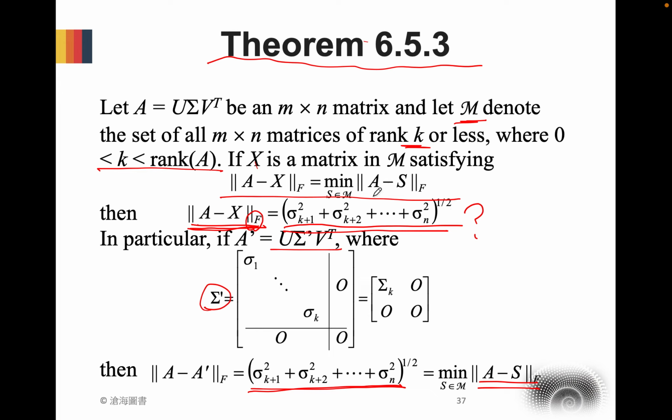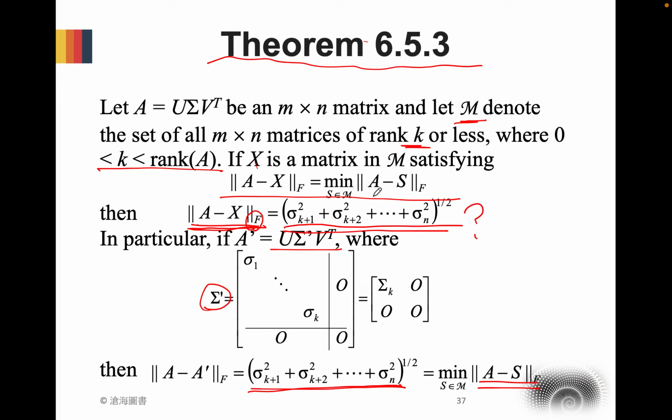Okay, so now if A has singular value decomposition U sigma V transpose, then we can think of A as a product of U sigma times V transpose. If we partition U sigma into columns and V transpose into rows, then U sigma is U1, U2 to UN with all the sigma, and we can write it as sigma 1 U1, sigma 2 U2.